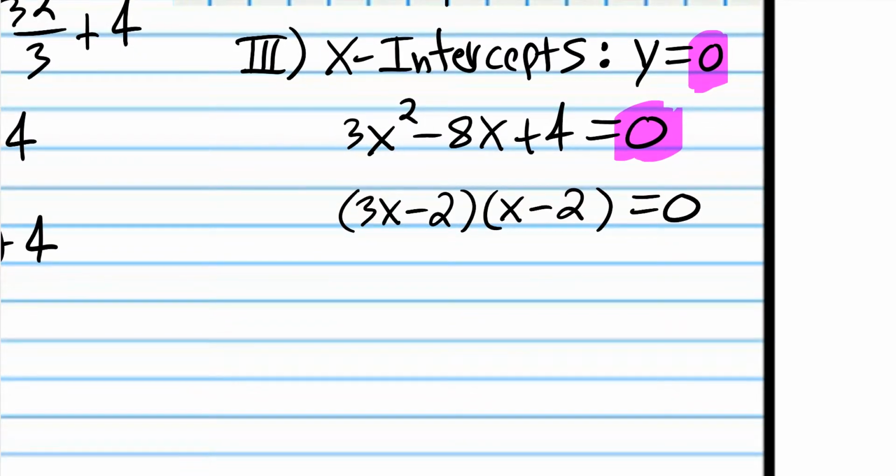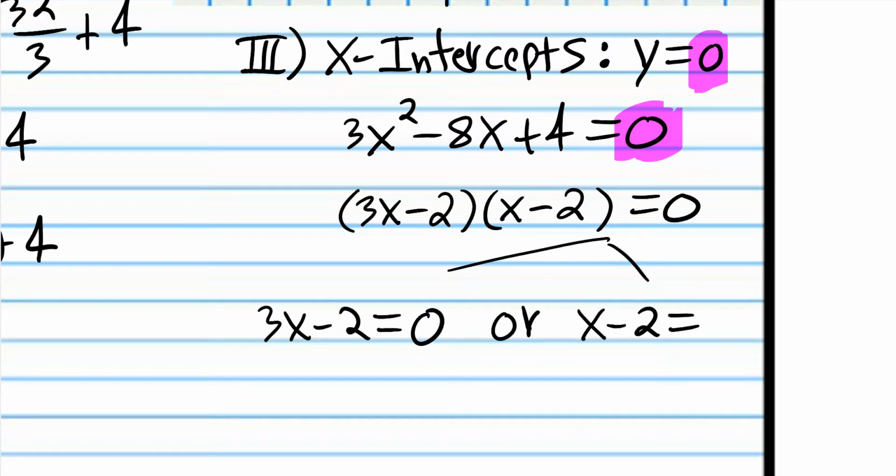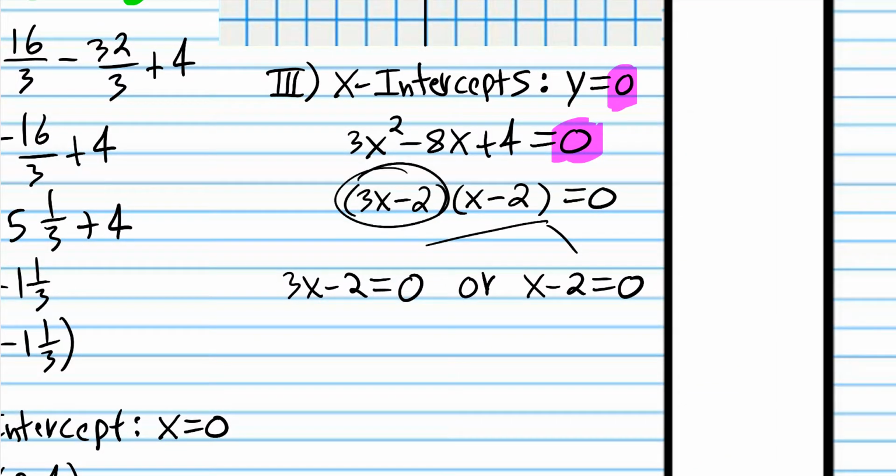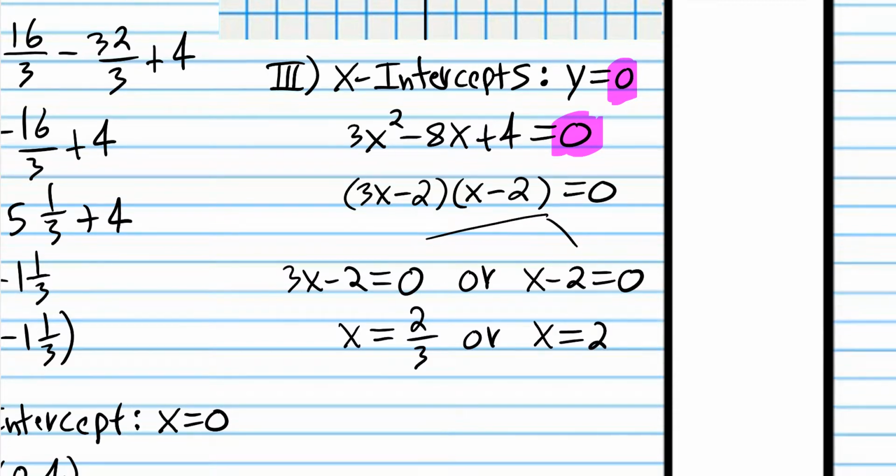And so now we can go ahead and break it up into two equations. So 3x minus 2 is equal to 0, or x minus 2 is equal to 0. And again, the only reason I'm showing this step is that we have a two-step equation here. It might be kind of confusing for students. So x is equal to 2/3, or x is equal to 2.